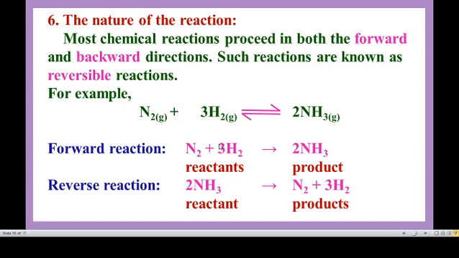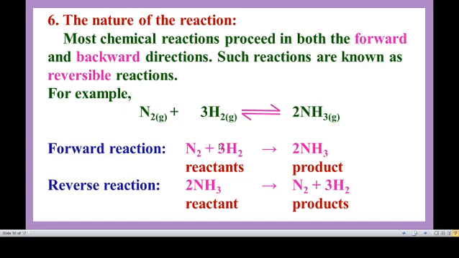And what happens after some time? The ammonia starts converting into hydrogen and nitrogen. Now the ammonia becomes the reactant and the products are nitrogen and hydrogen. So this is the reverse reaction. So both the forward and backward reactions take place simultaneously. Most chemical reactions are reversible reactions only.